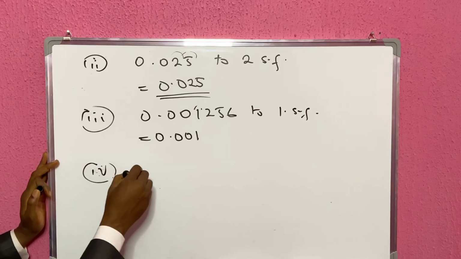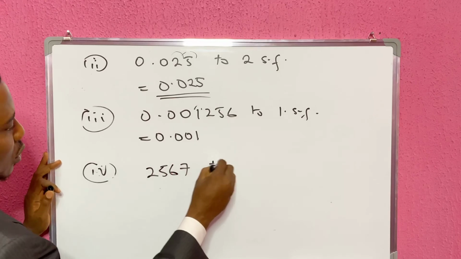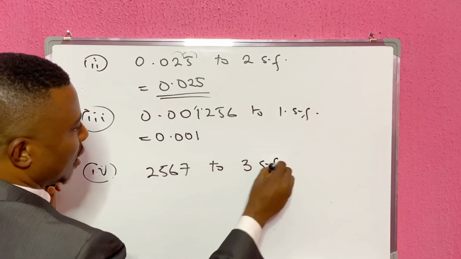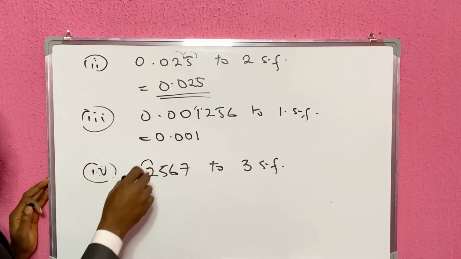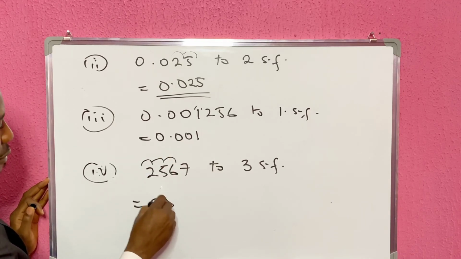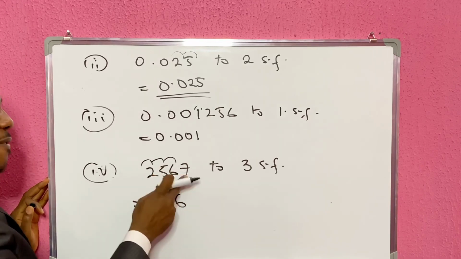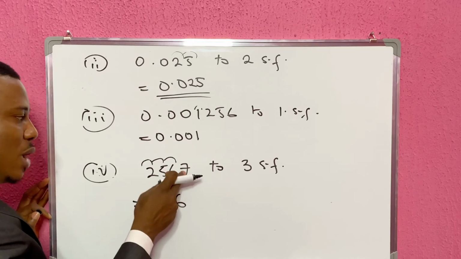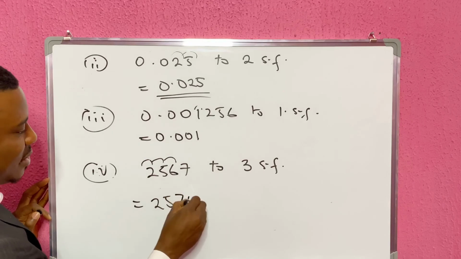But if you have 2567 to 3 significant figures, to solve this is 1, 2, 3. That is 2, 5, 6. And 7 is big enough, above 5, so you are going to move 1. You now have 7, 0.